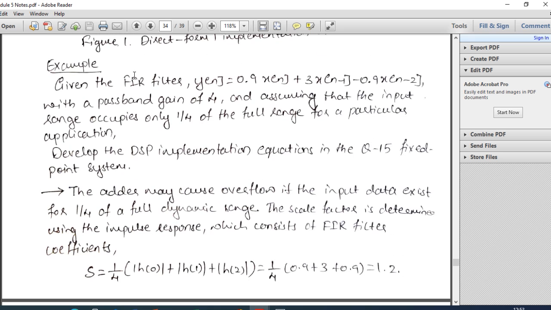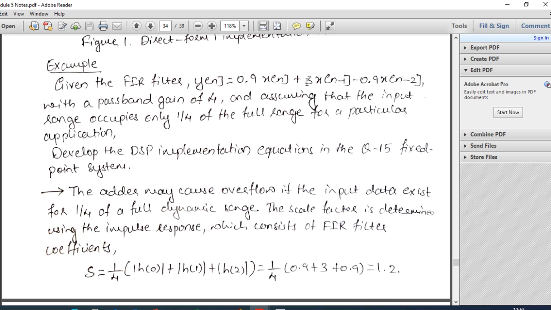In this example, they have given one FIR filter, which is y of n equals 0.9 into x of n plus 3 into x of n minus 1 minus 0.9 into x of n minus 2. First, you have to observe the coefficients.